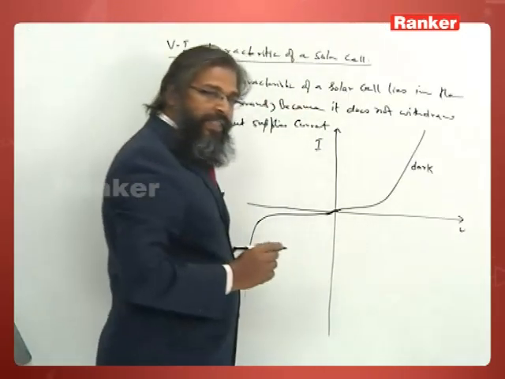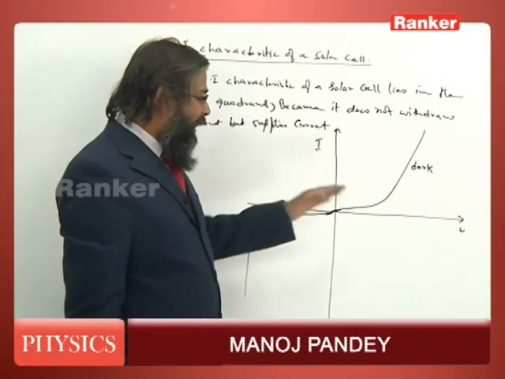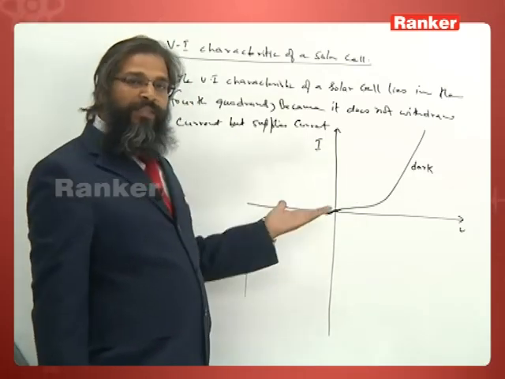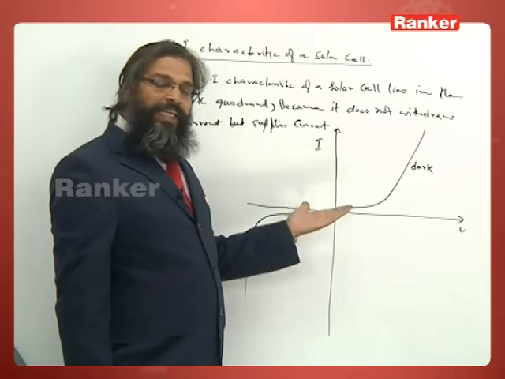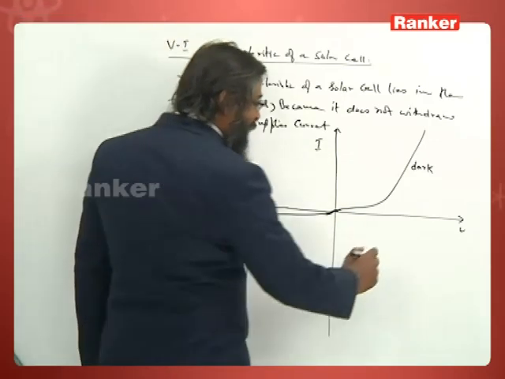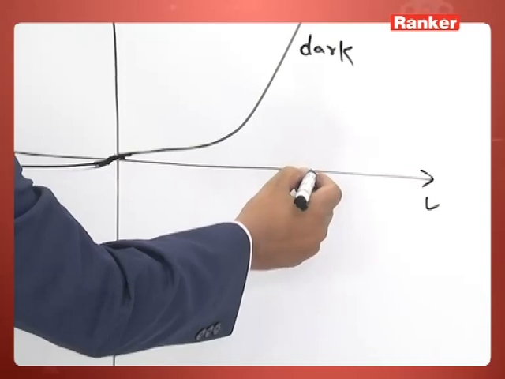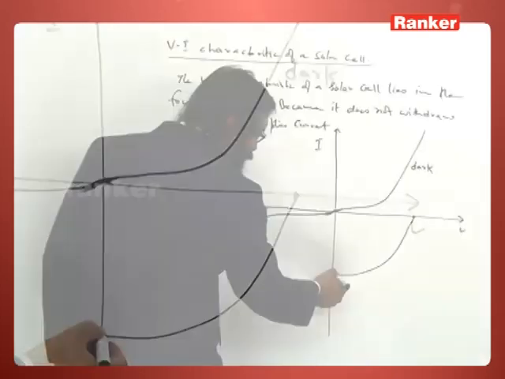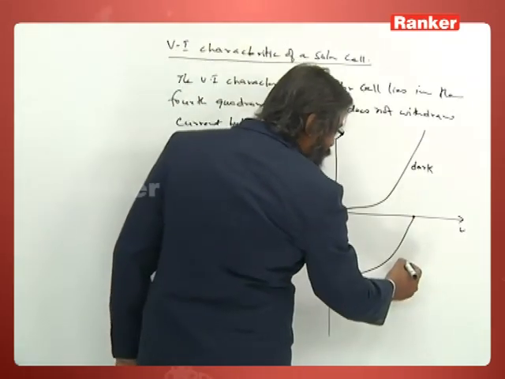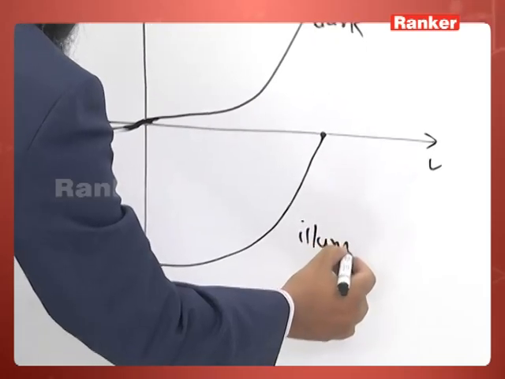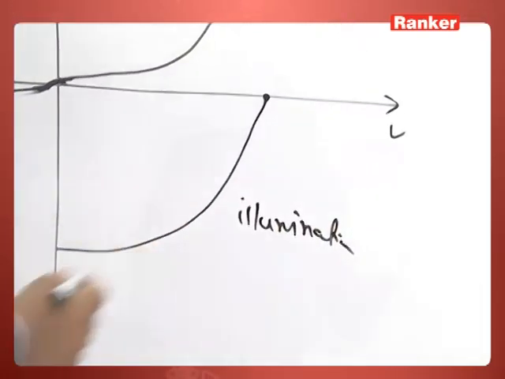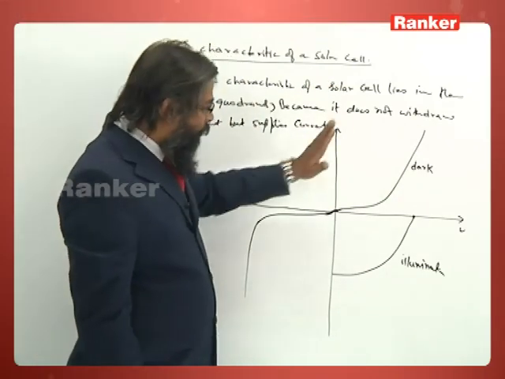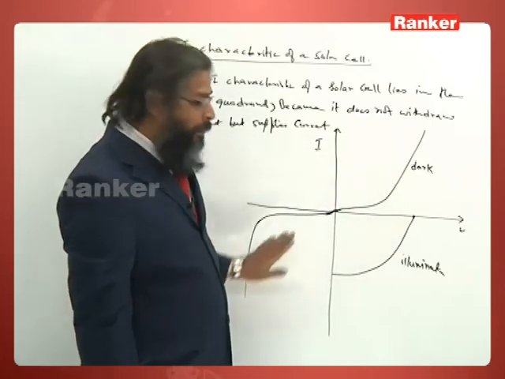If you draw the VI characteristic of a solar cell in dark, we will get this curve. It works like a normal p-n junction, but when we illuminate it, the graph goes something like this. So this graph is under the condition of illumination, while the other graph of the solar cell is for the dark condition, where it behaves as a normal p-n junction.